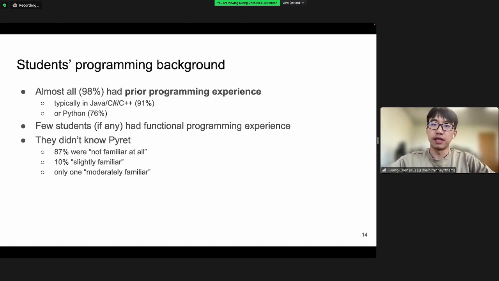The rest, except for one, are at best slightly familiar. This slide is important because now we know their functional programming experience is from Racket rather than from somewhere else. When students saw Pyret, they had used Racket for one month, up through recursive list processing functions and higher-order functions.